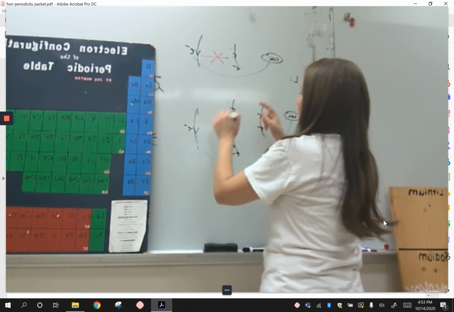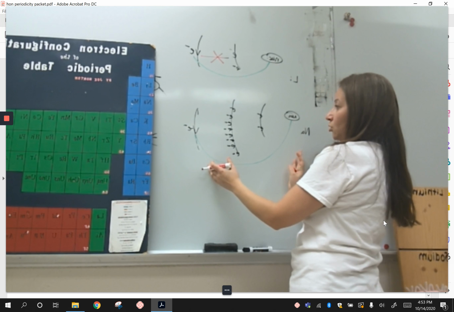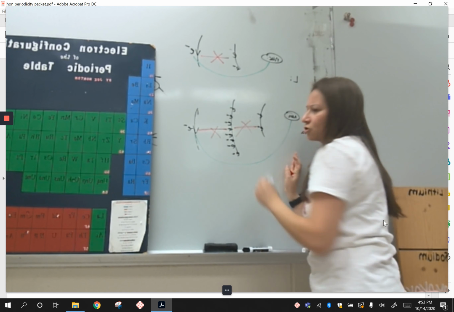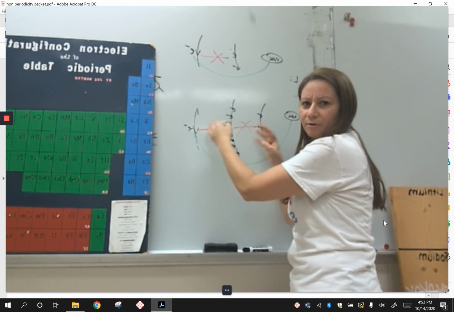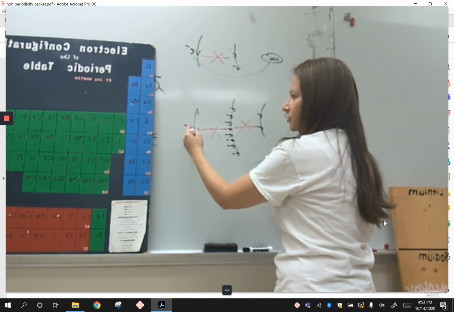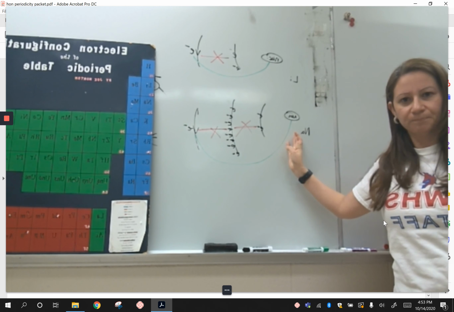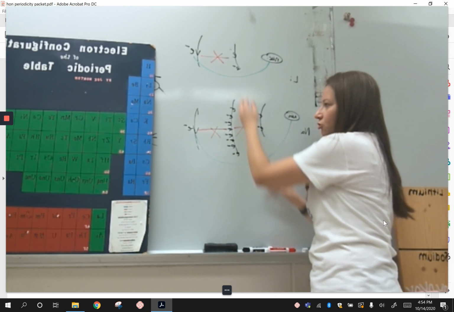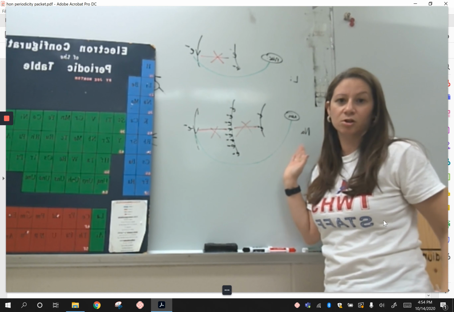And so if you look at lithium versus sodium, oh, there's a bunch of electrons here and a bunch of electrons there. These extra electrons that are in other energy levels are blocking those valence electrons from getting the attraction to the nucleus. And so we call that shielding. The core electrons, the electrons in the middle, are shielding the valence electrons from the attraction of the nucleus.